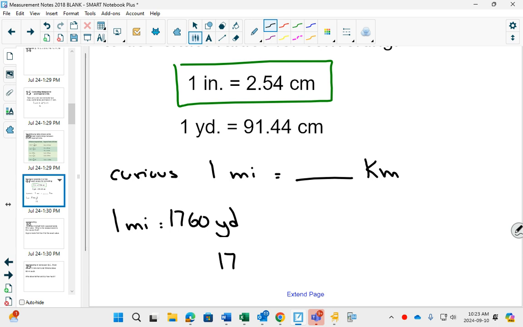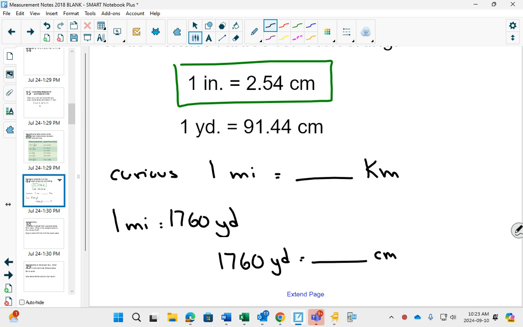And the yards let me change exactly to centimeters. So I have 1,760 yards. Should I have more or less centimeters? I should have more. So will I multiply or will I divide? I'm going to multiply.